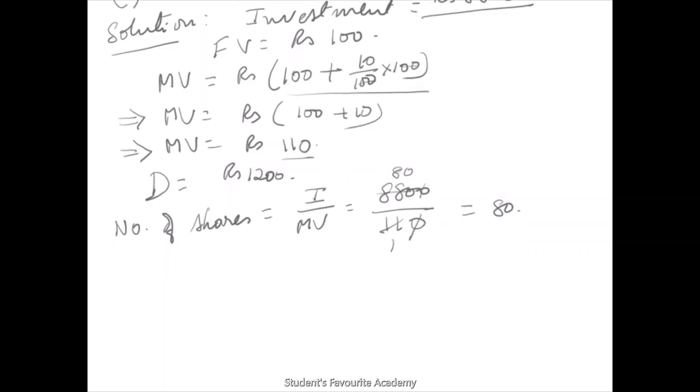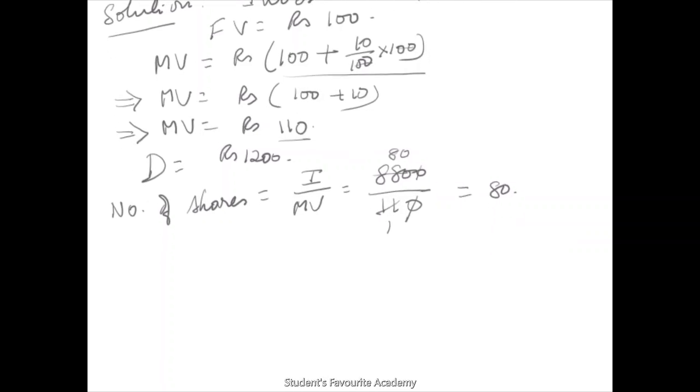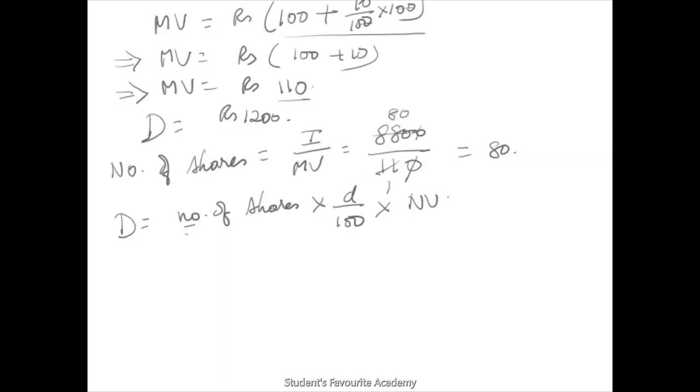Okay, so now we know the formula, dividend is equal to number of shares into d% into nominal value. Out of this, the dividend we already know, 1200.